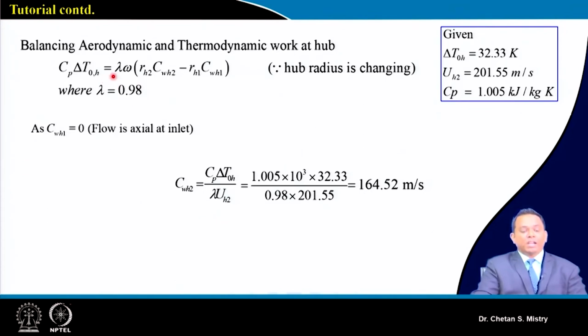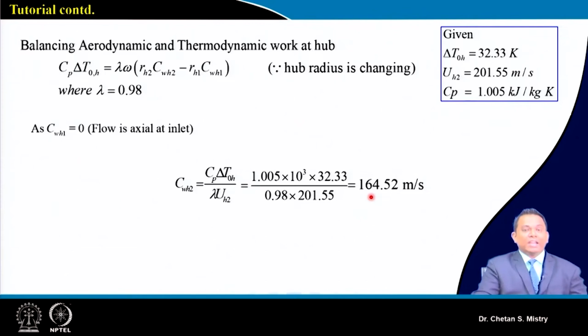If we put that as a case, my CW1, as we have discussed, it is axial entry. That's the reason why CW1 is equal to 0. And if we put these numbers, Cp delta T0 divided by lambda into U at exit gives the whirl component as 164.52 meter per second.